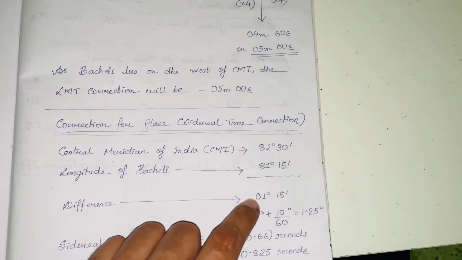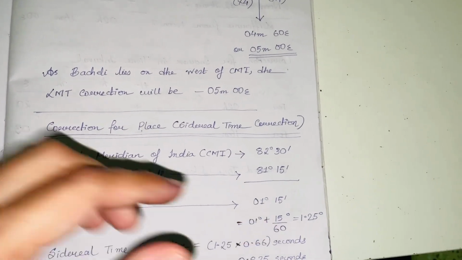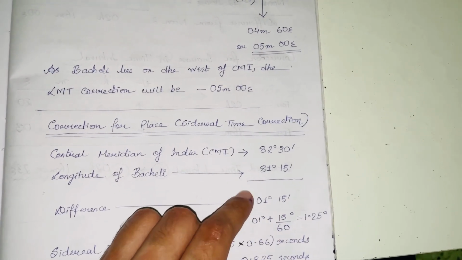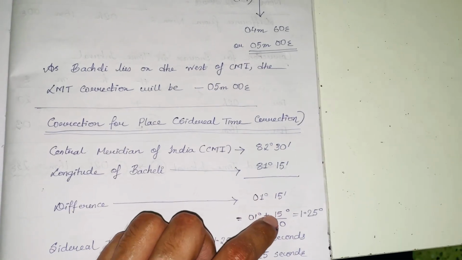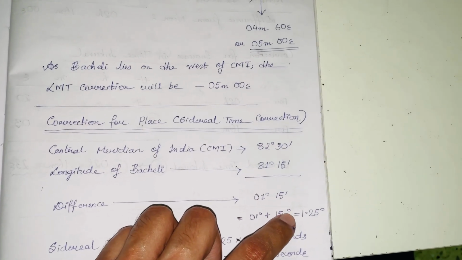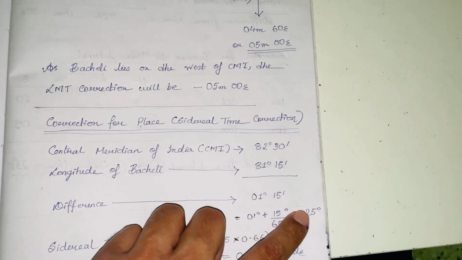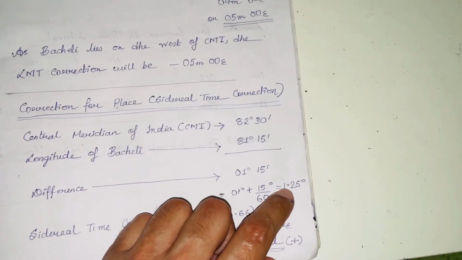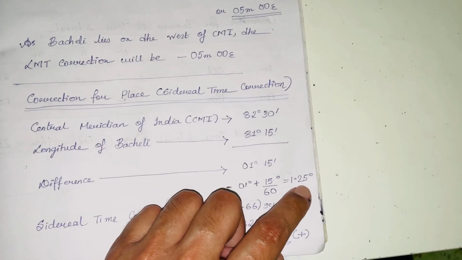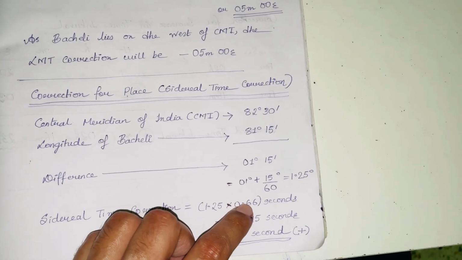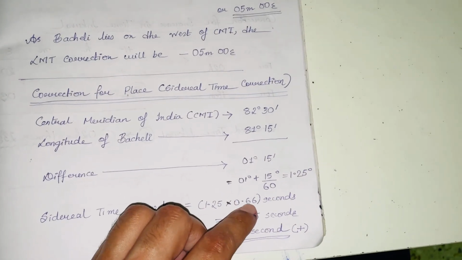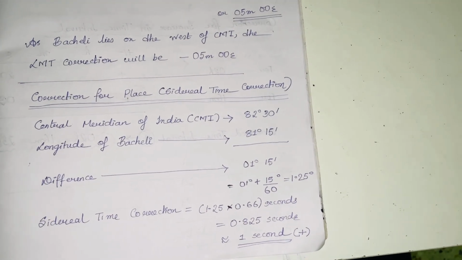Now convert this value 1 degree 15 minute in degrees only. Okay, convert this entire value in degree. So it is 1 degree plus 15 divided by 60 degree, which is 1.25 degrees. Now what you need to do, you have to multiply this value of 1.25 degree by 0.66 seconds. And remember, this is a universal approach.